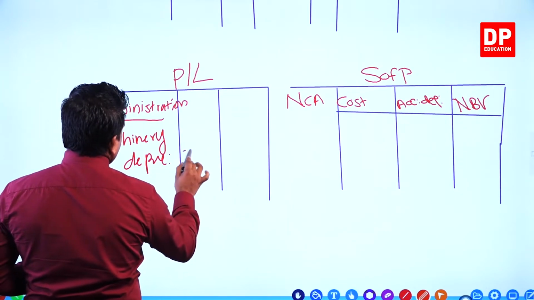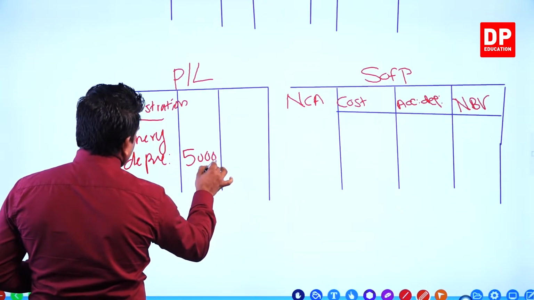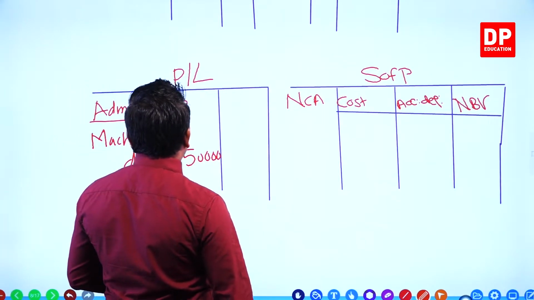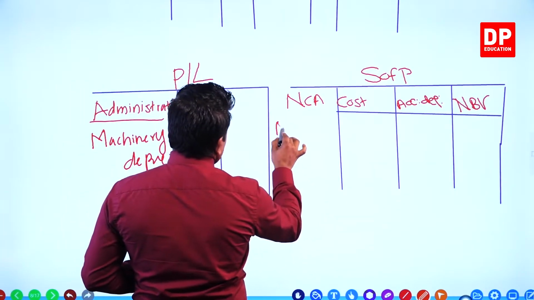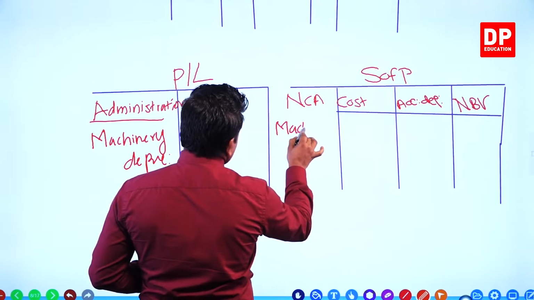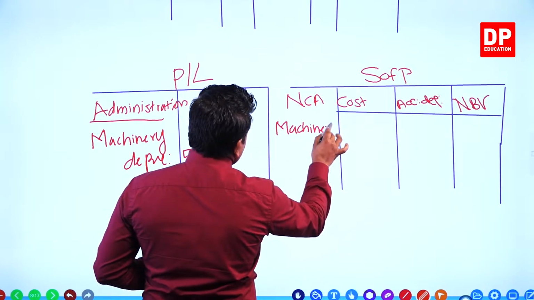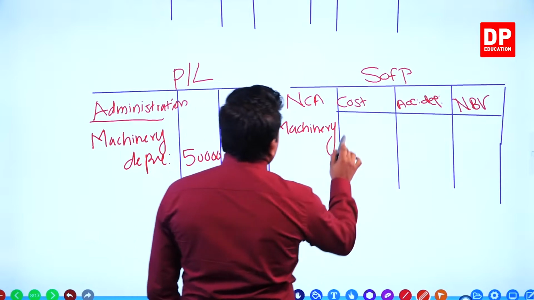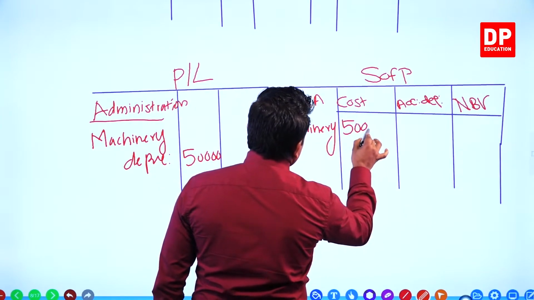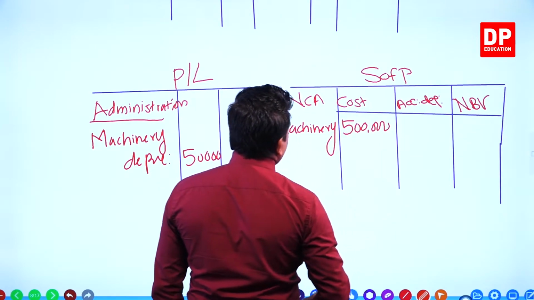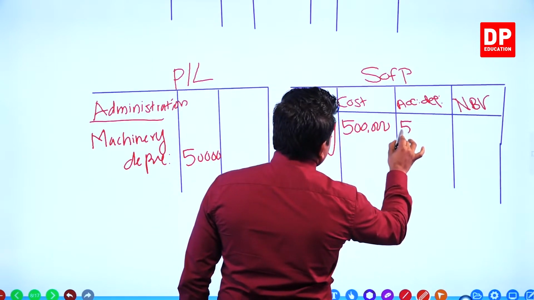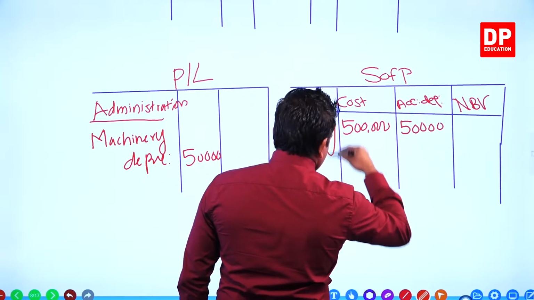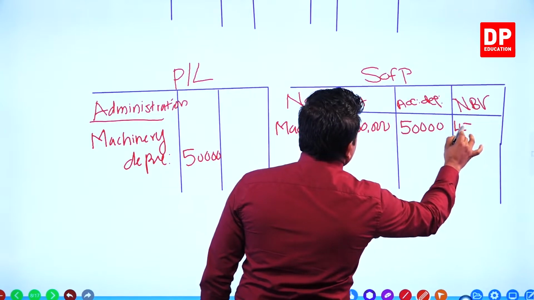How much? 50,000. Then you write under the non-current assets machinery, how much the cost? 500,000. It is given. Accumulated depreciation 50,000. Then 450,000.